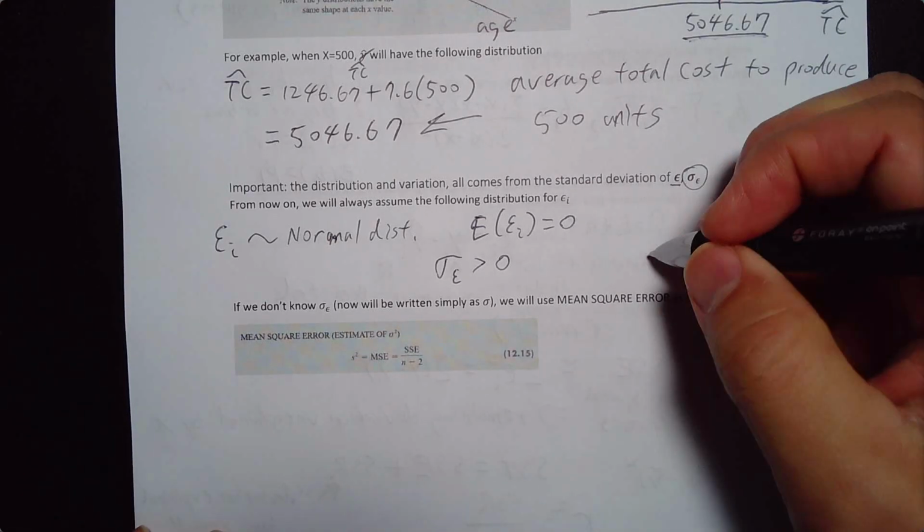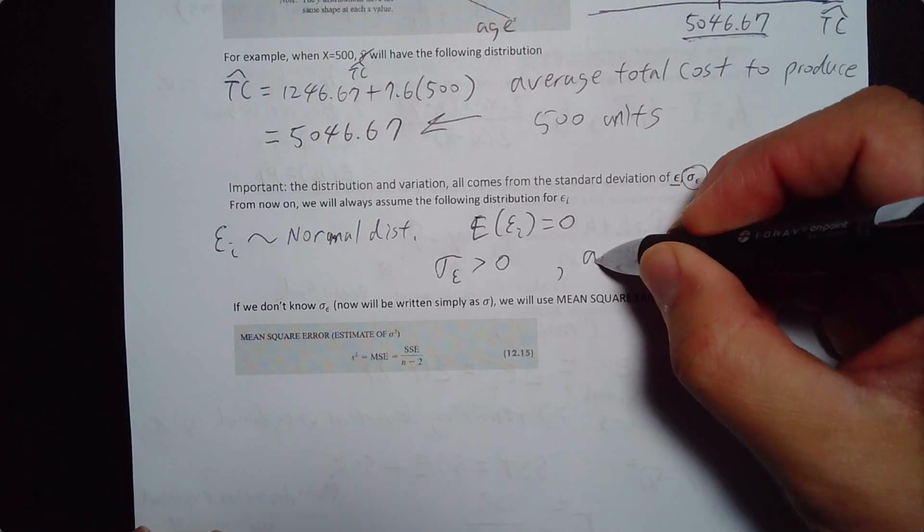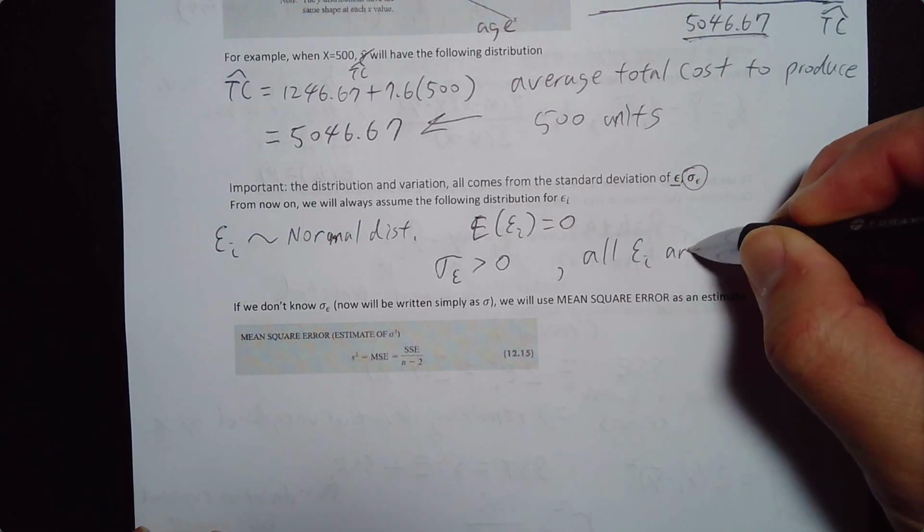And finally, we'll make another assumption that all epsilon i are independent of each other.